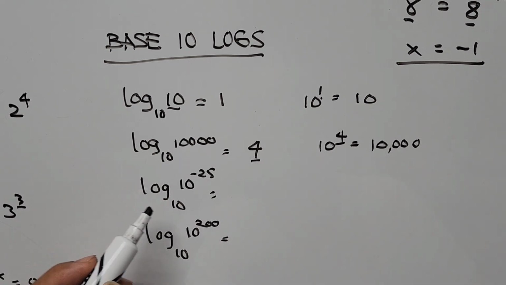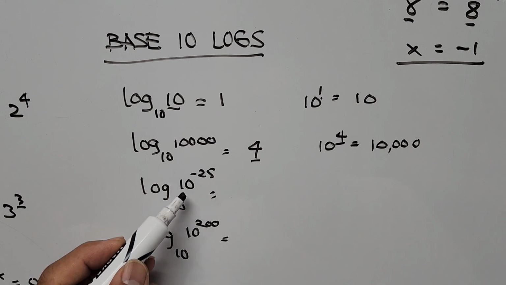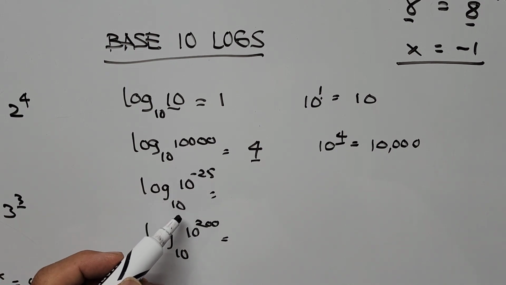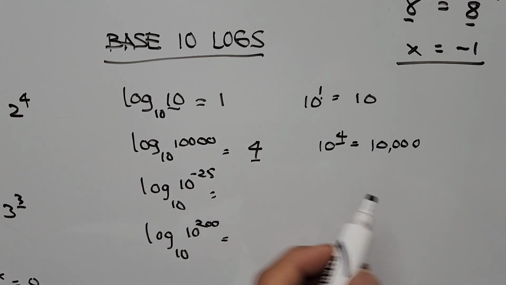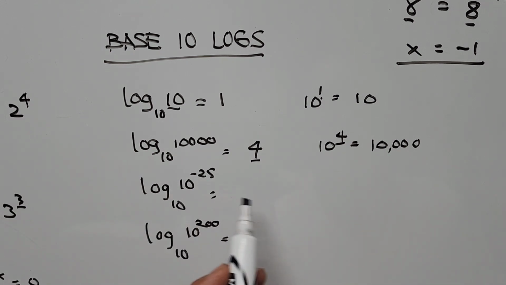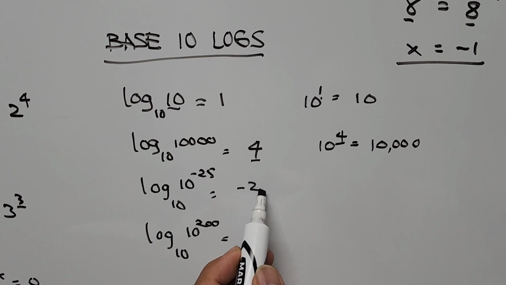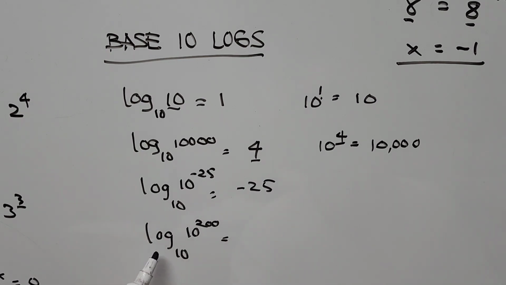How about here? Log of 10 to the negative 25 base 10. So 10 base 10 cancel out. So we ended up with just the exponent, right? So negative 25. What about here? Once again, the exponent is 200. So that's 200. That's the answer.